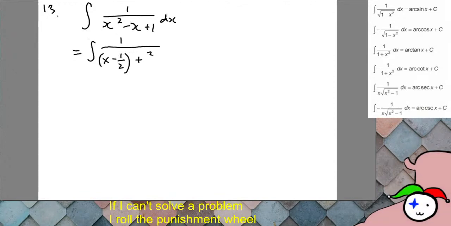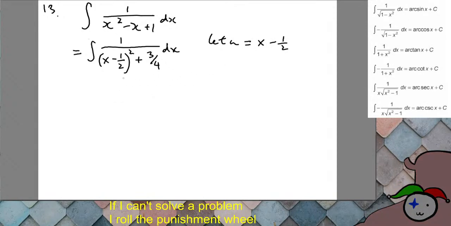So you need to add 3/4 here. So if we let u equal x minus a half, we don't need to multiply it by anything. This just becomes the integral of 1 over u squared plus 3/4 dx.